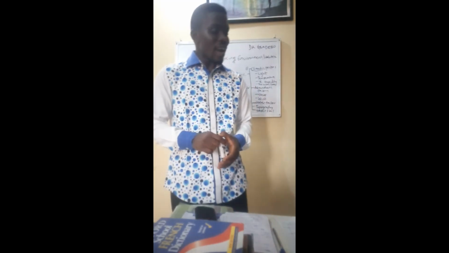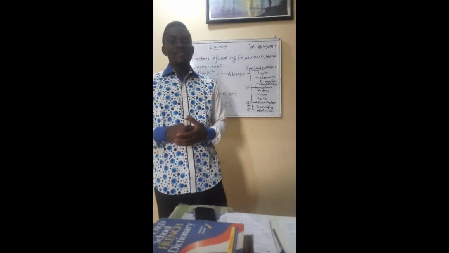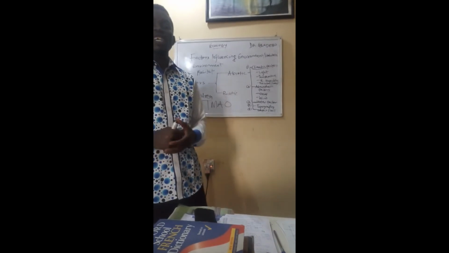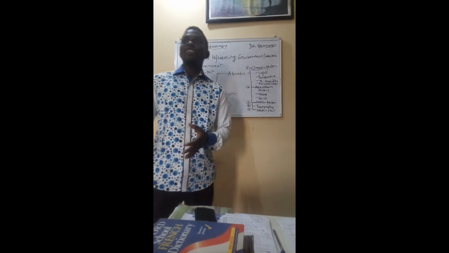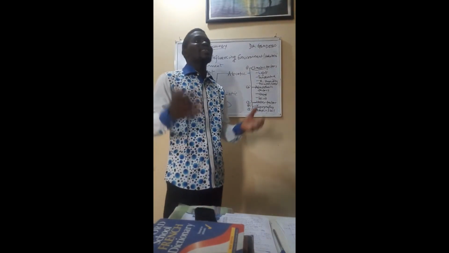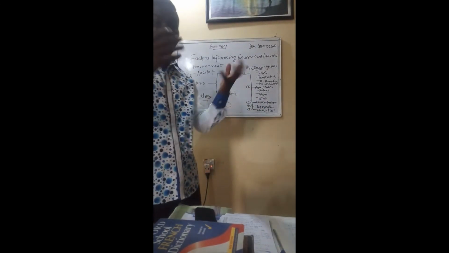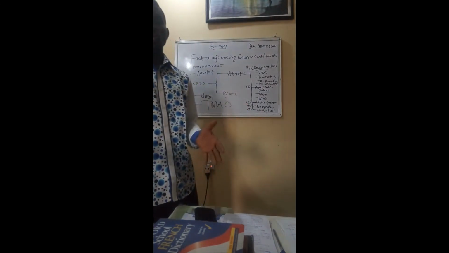When during rainy season, it will be expected that the salt content in the terrestrial environment will be low because there is high introduction of fresh water from rain into the soil, so it will dilute the salt content.